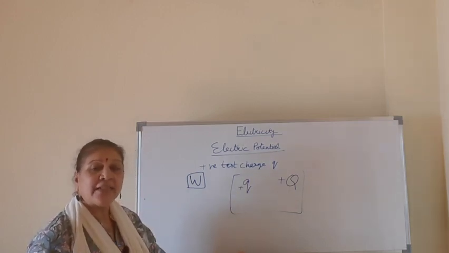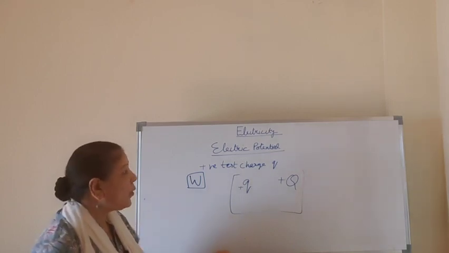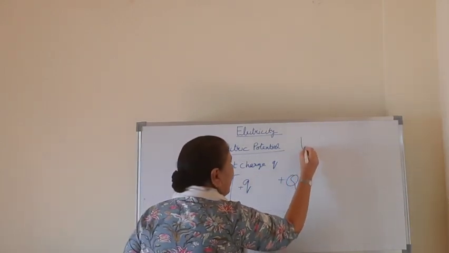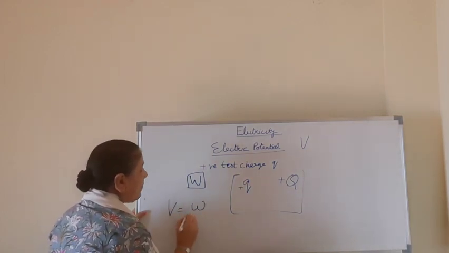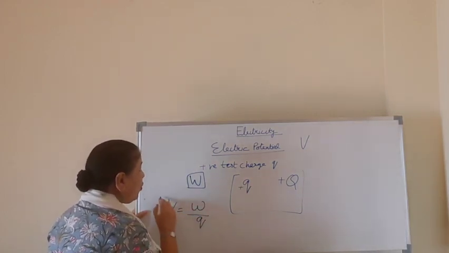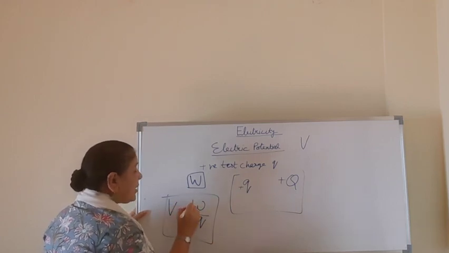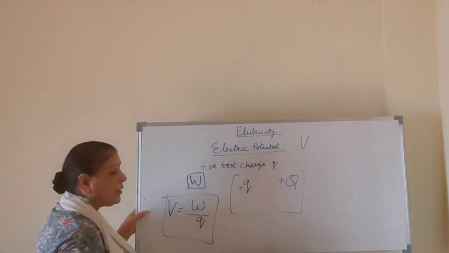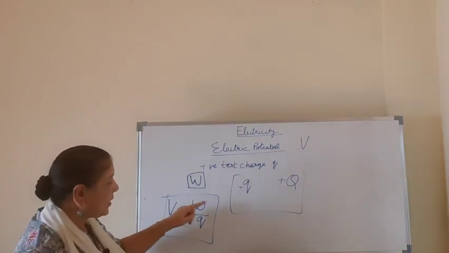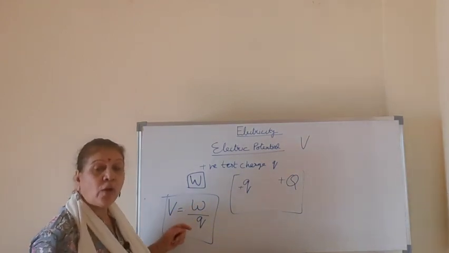That is the electric potential, which is denoted by V. So V is equal to W by Q, where W is the work done, Q is the charge. So what is V equal to W by Q? How can I define it?